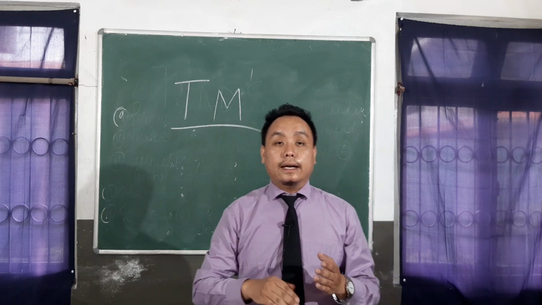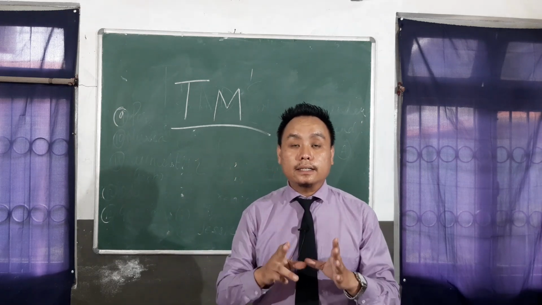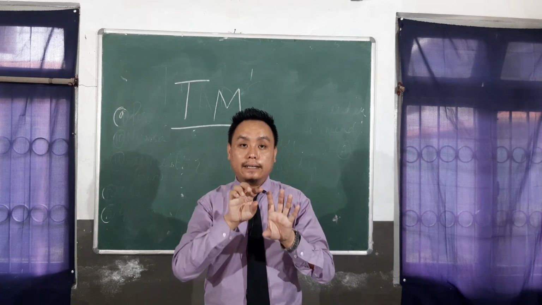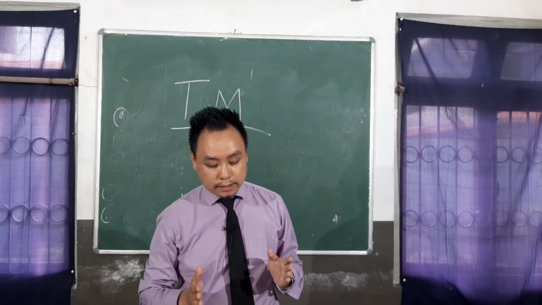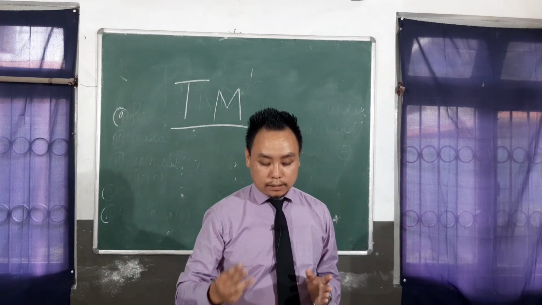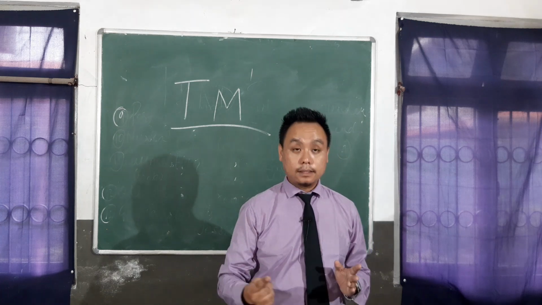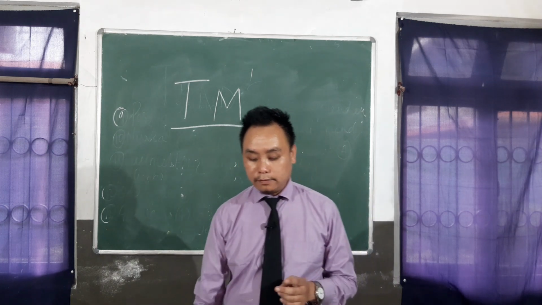And if you type Tata and Sons, then you will get Tata's logo and their trademark. So basically, there are three types of trademarks. Number one is product mark, number two is service mark, and number three is collective mark.